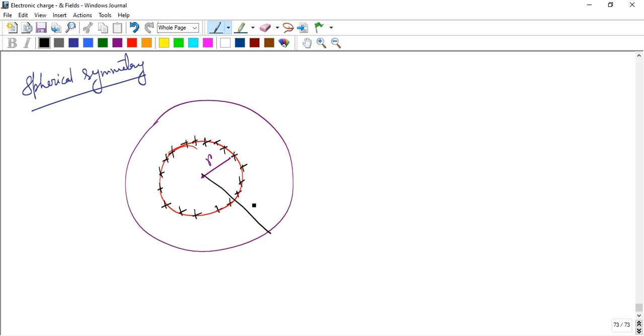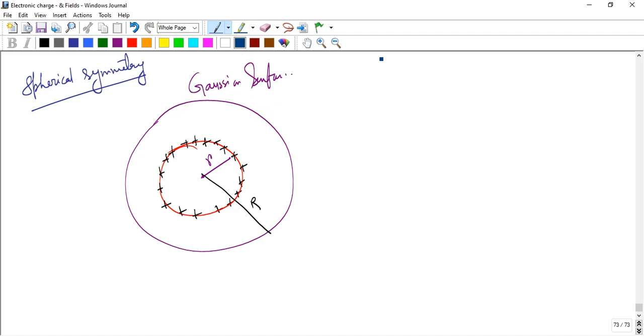Let's choose the capital R, and this purple line is a Gaussian surface. So calculate the electric field at the Gaussian surface.